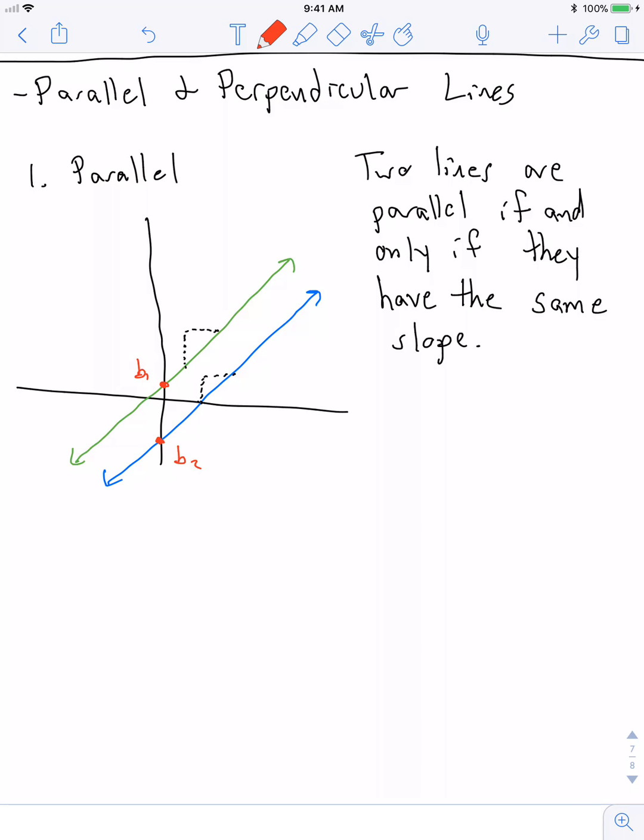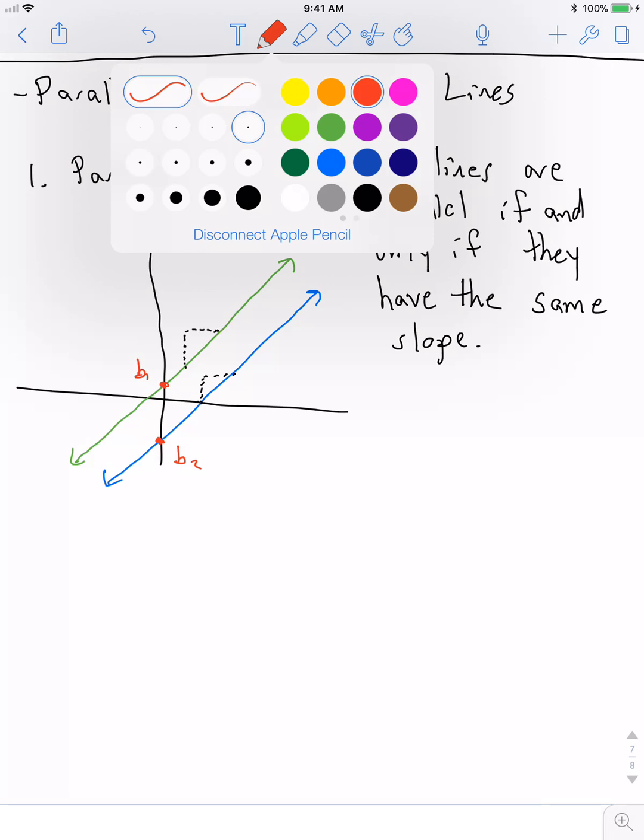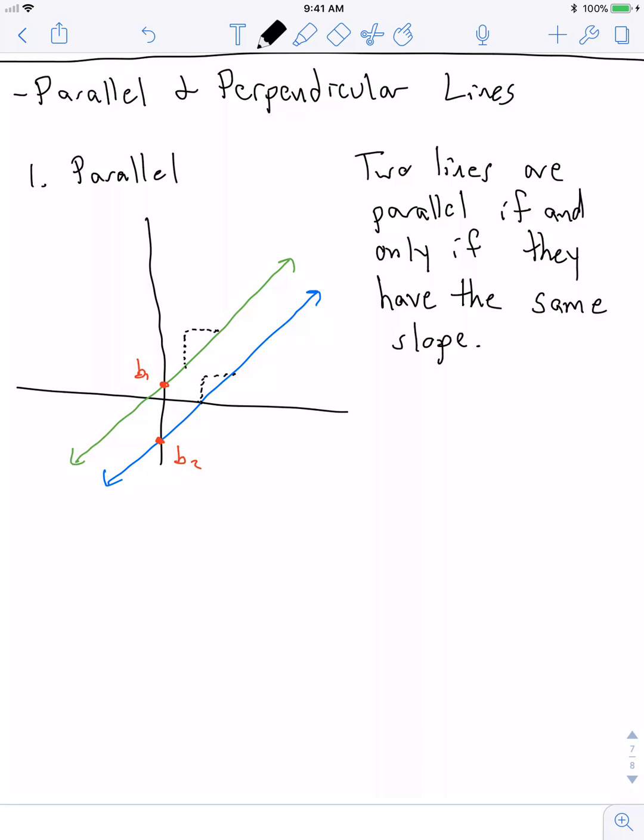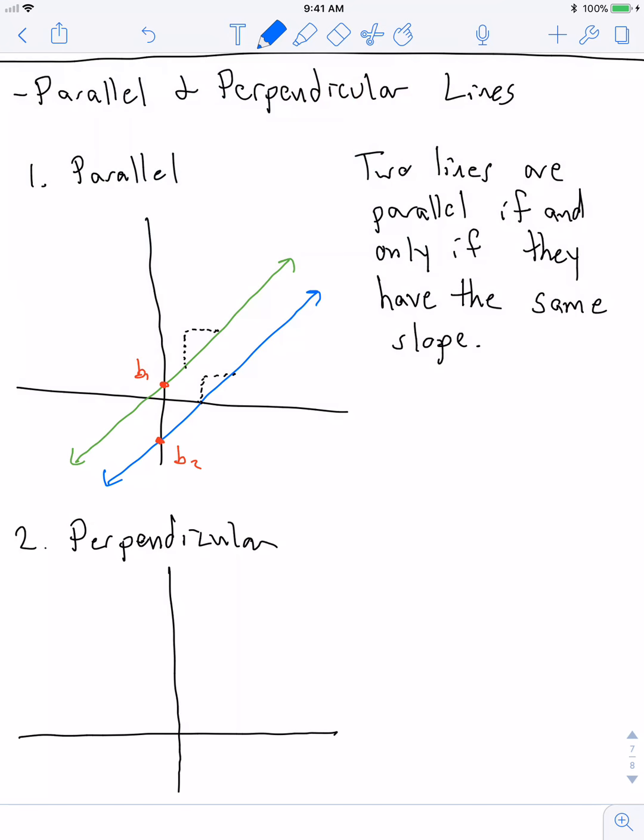The second type of line here is the perpendicular line. And perpendicular lines, hopefully you can read that, are a little bit more complicated. So again, we'll draw them out here and then we'll talk about them.